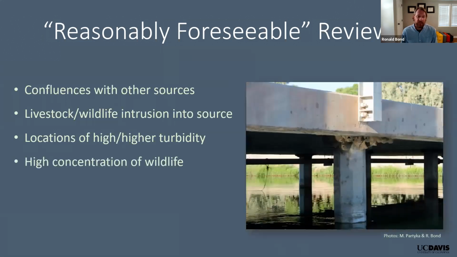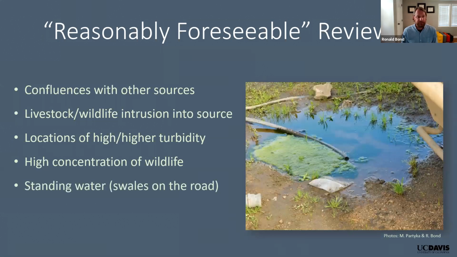High concentrations of wildlife are a problem. I won't say they're the highest problem, but they can be. So if you're seeing that, there may be other things going on than what you know. So getting a perspective again on what's going on is a good idea.